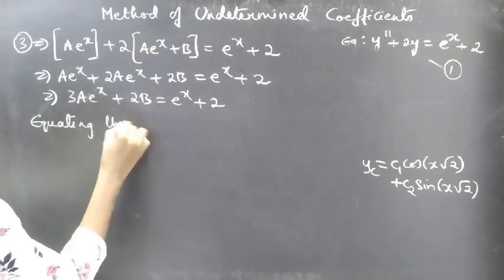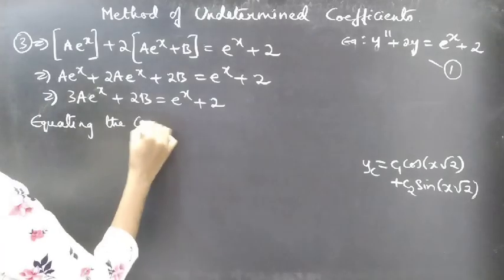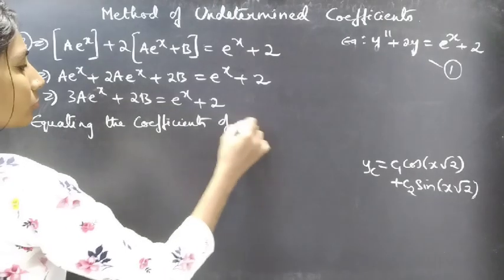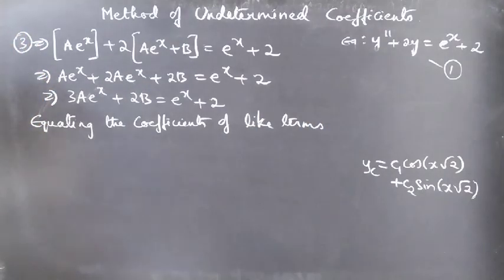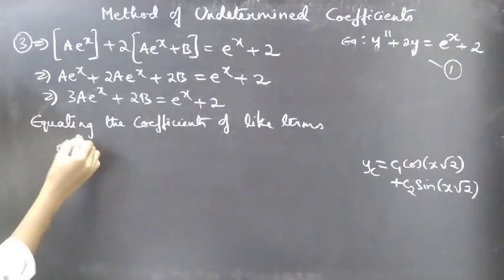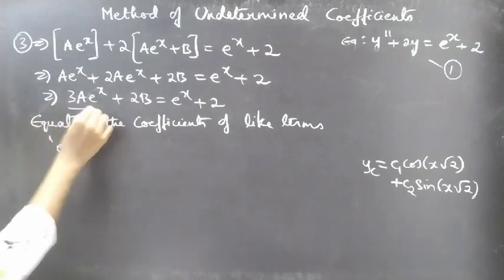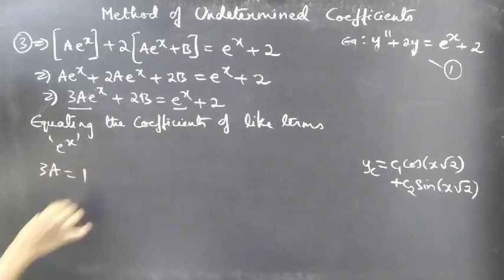Equating the coefficients of like terms. Firstly, we'll equate the terms involving e power x. You'll get 3a equal to 1.